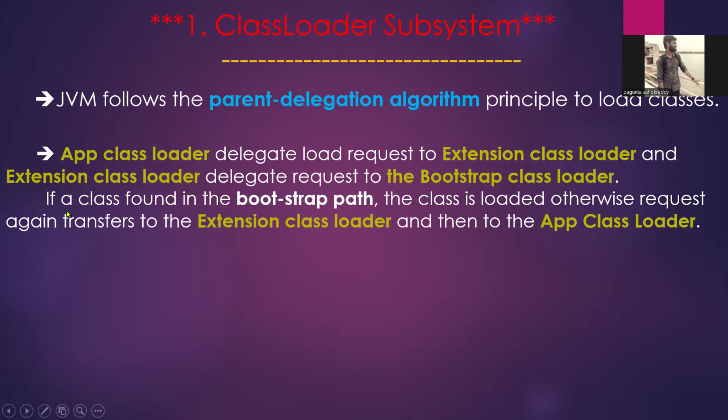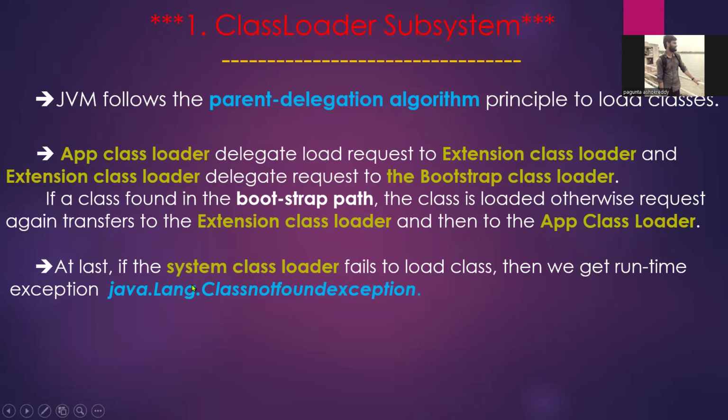If the bytecode is found in the bootstrap class path, that class is loaded into the method area. Otherwise, if the class file is not available in the bootstrap path, the request is transferred to the extension class loader. If it is not available there either, the request is sent to the application class loader. The application class loader is also called the system class loader.